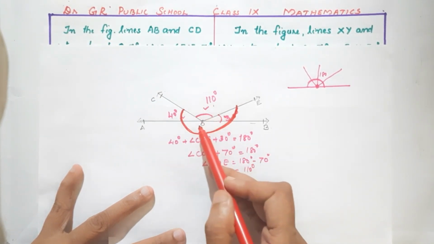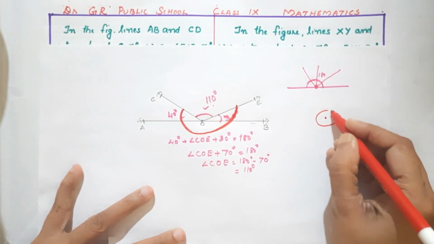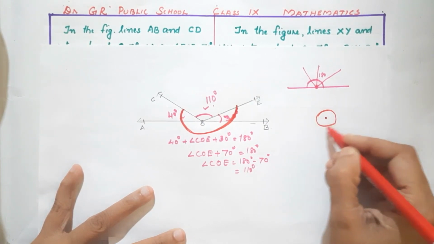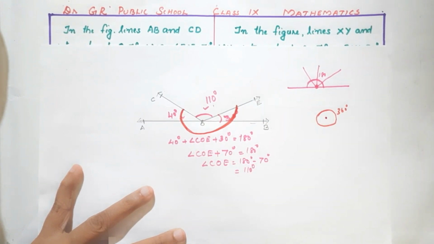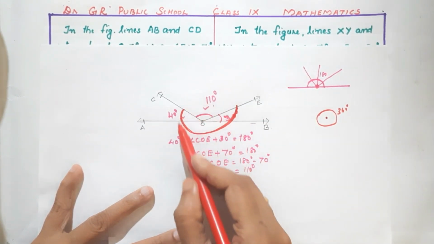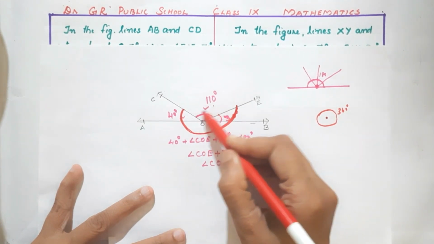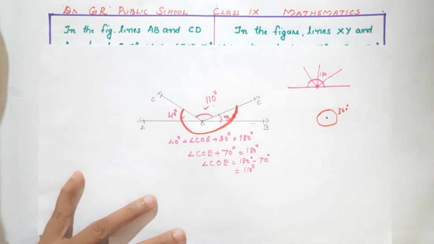If you are considering one point, what is the sum? The sum of angles around it is 360 degrees. Okay, complete angle. From that, if we subtract this 110, we will get reflex angle COE.